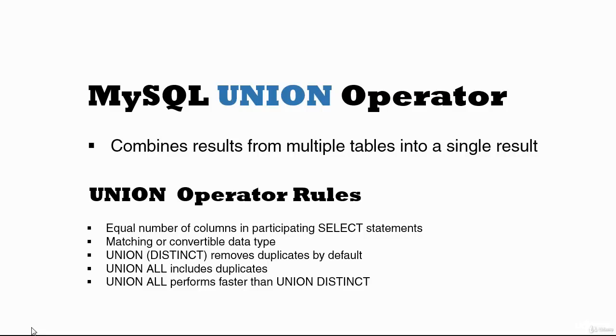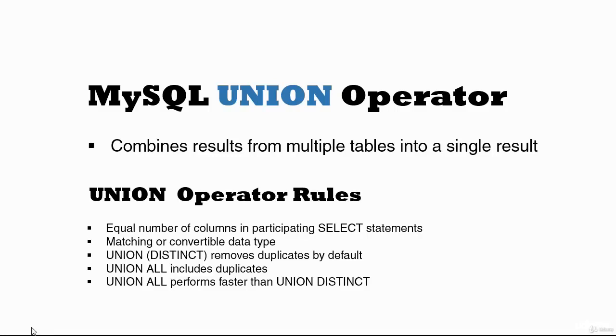They must be equal. They must also have matching or convertible data types. For example, you can't have a number in select statement A corresponding to a string in select statement 2. So data types must match or they must be convertible.